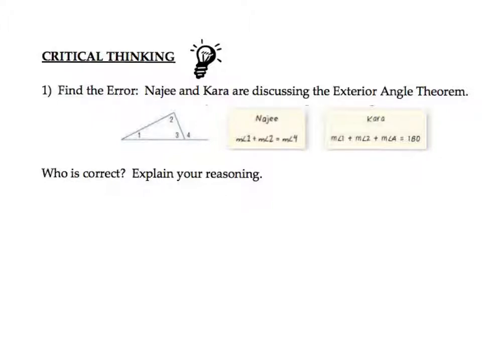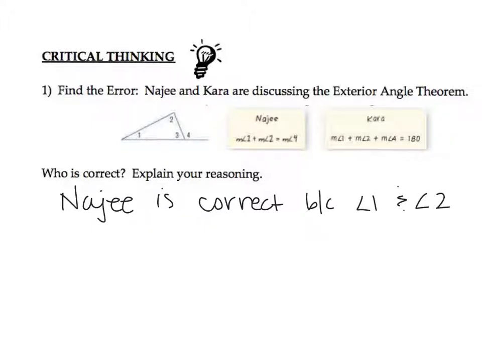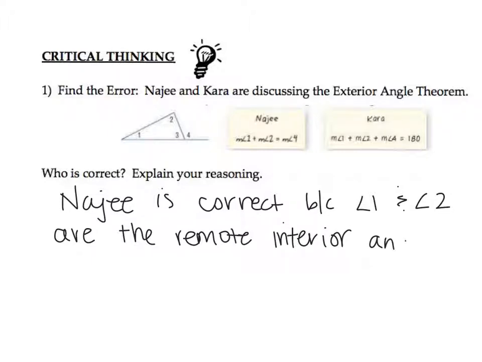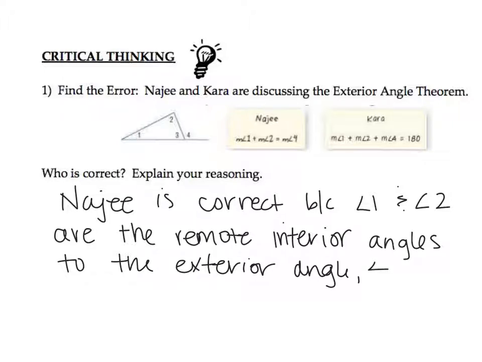So that would mean that Naji is correct because angle 1 and angle 2 are the remote interior angles to the exterior angle, which is angle 4. Kara kind of has a misconception about the triangle sum theorem.